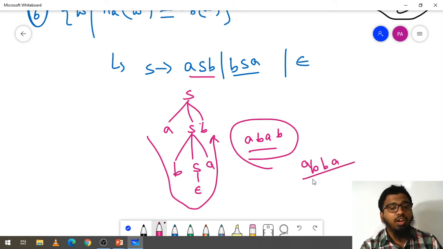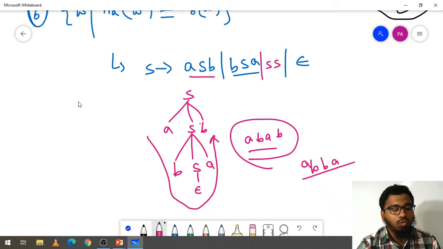You will not get this kind of string here, A, B, B, A. So for that we need to concatenate in such a way that will help to solve this, okay. So if you want A, B, B, A, we will not get it. So for that reason we must add the concatenation, that is S, S. If you do S and S, what will we get?